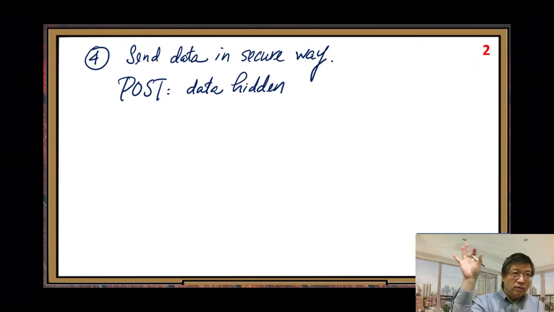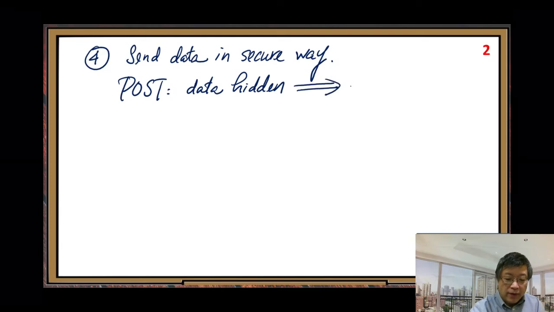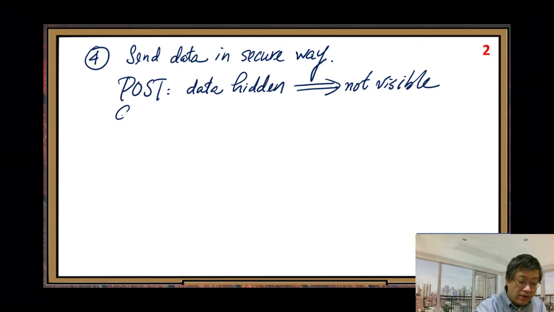Outside people cannot see it. The message body is sent in a hidden way, so it is not visible. Then the GET method.